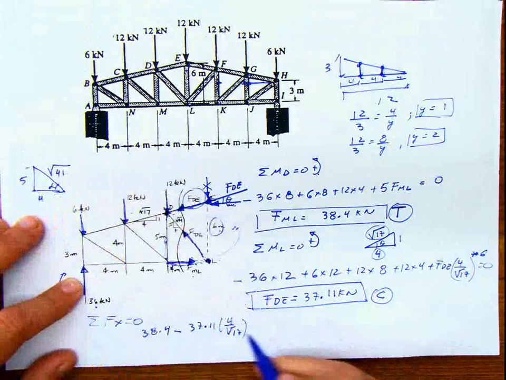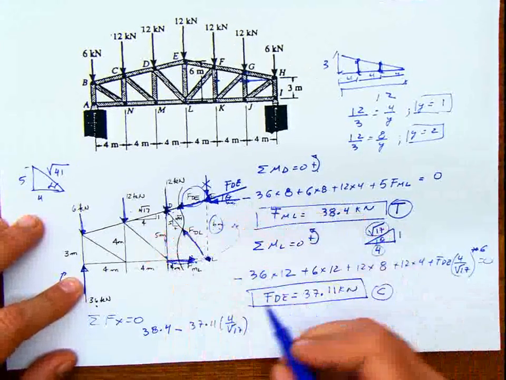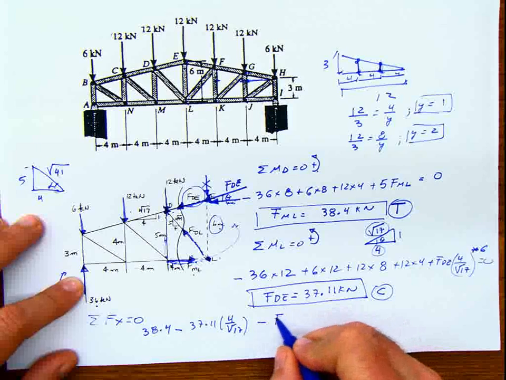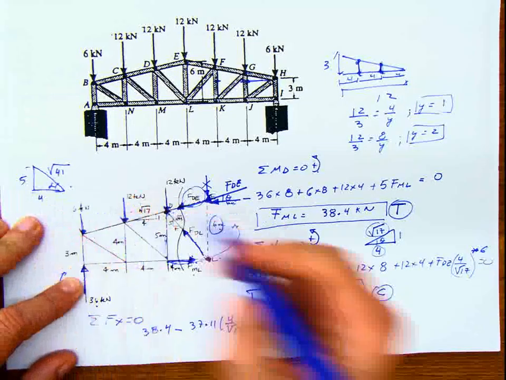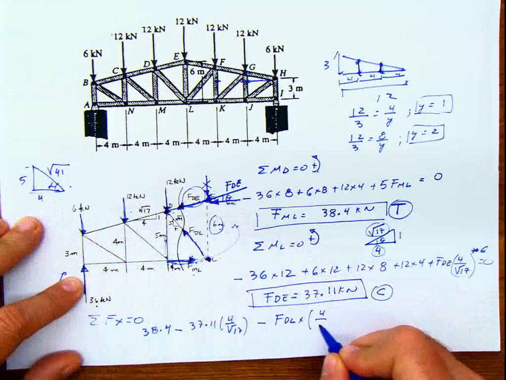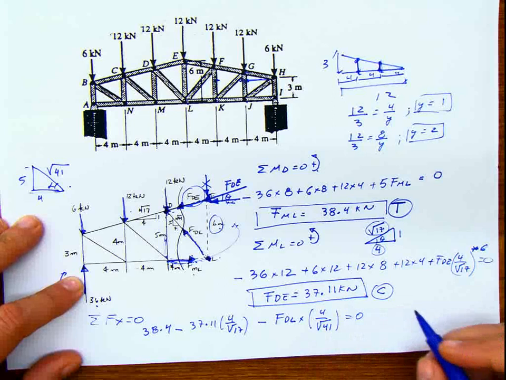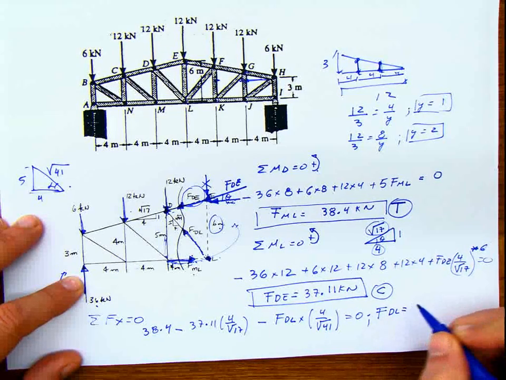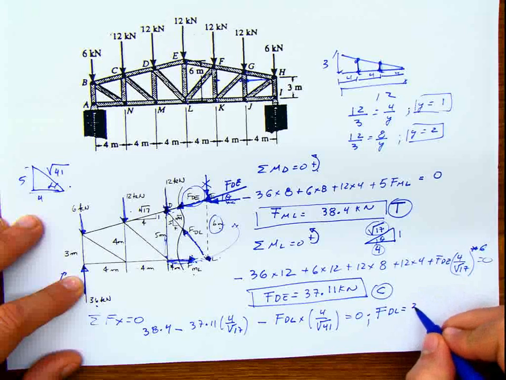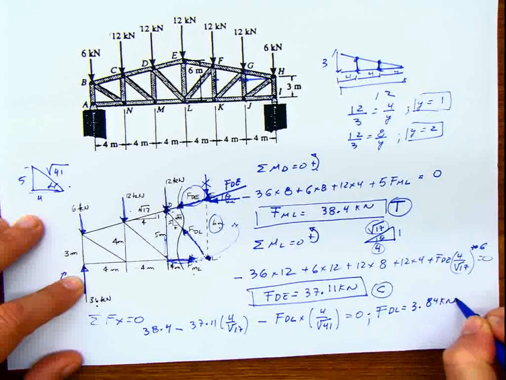So the horizontal component of the force DL, first of all, is going to be negative, acting in this direction, negative FDL times this divided by this, and that's 0. Once I solve this, FDL is going to be equal to 3.84 kilonewton.